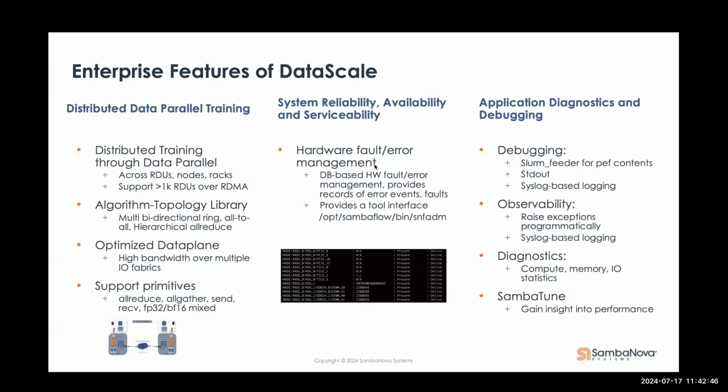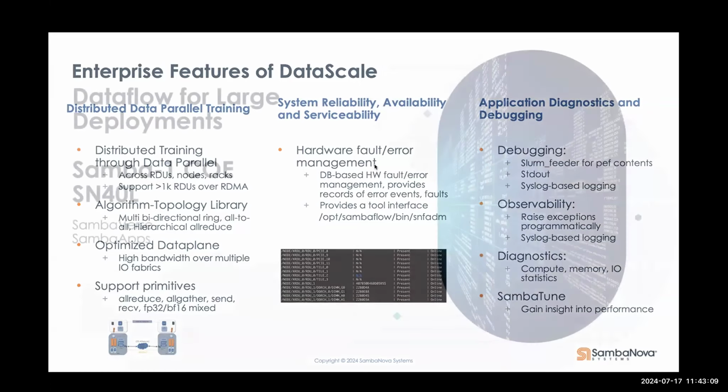There are system RAS features available, hardware fault and error management features, application debugging, and diagnostic tools for things like observability and performance tuning. All of these are available as part of the SambaFlow package that you have on the system itself.